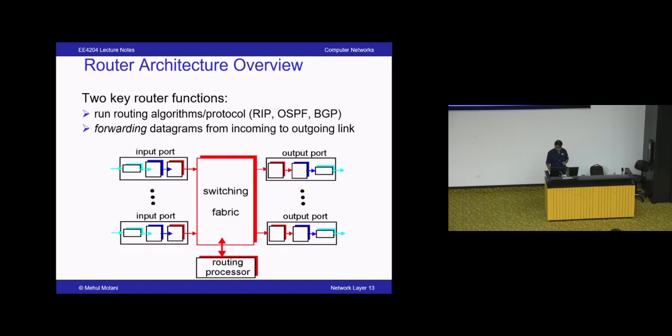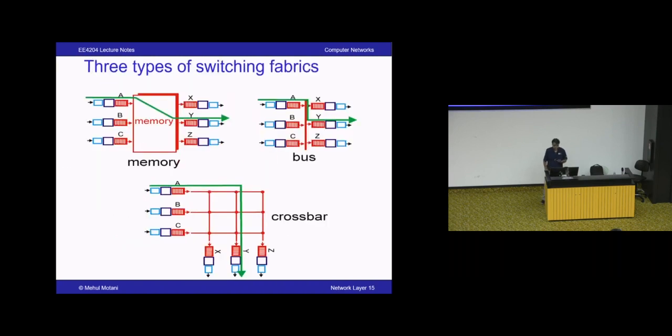So let's talk about the switching fabric. There are broadly three types of switching fabrics, and they were developed chronologically, so older routers would have the older types of switching fabric. We can switch via memory, switch via a bus, or switch via a crossbar switch.